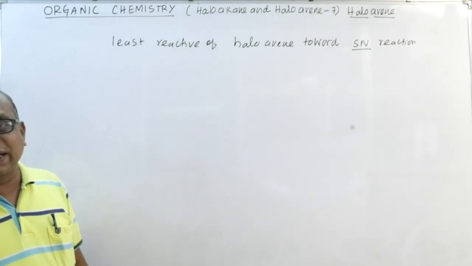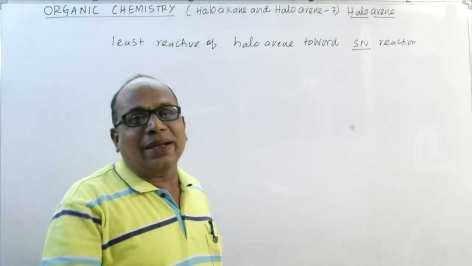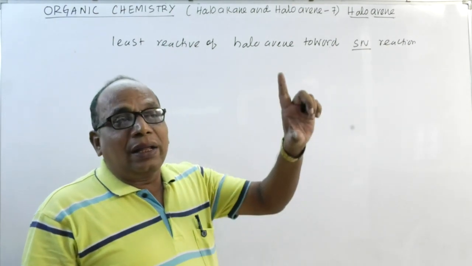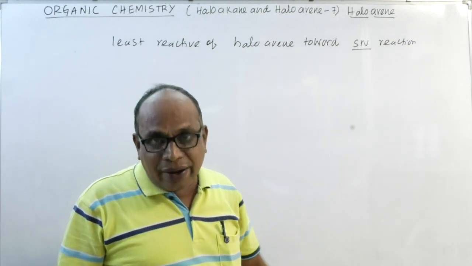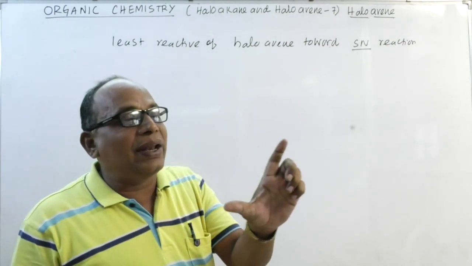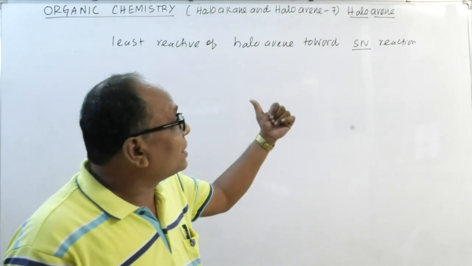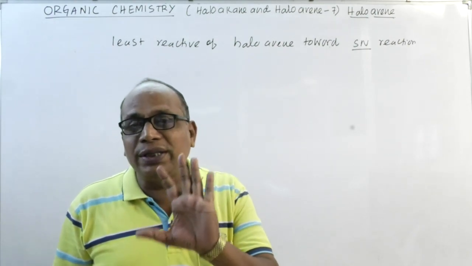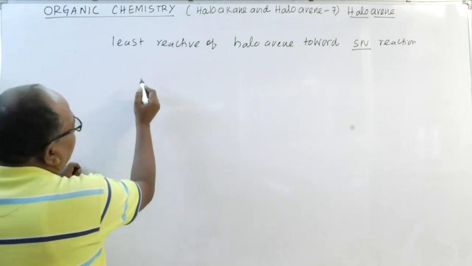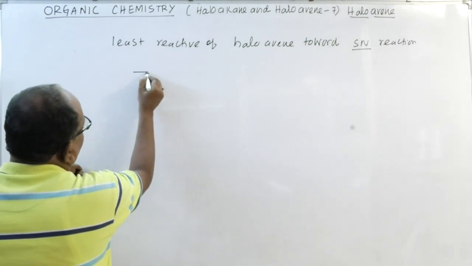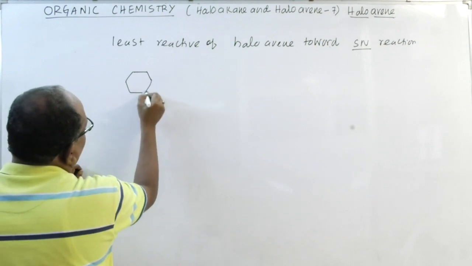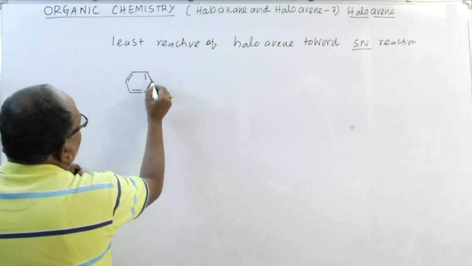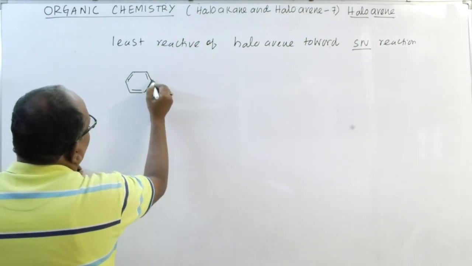One thing comes to your mind, the reactivity of alkyl halide depends on the carbon halogen bond. Here also there is a carbon halogen bond. As compared to the aryl halide, the carbon halogen bond in alkyl halide is weak and can break easily, but in this case it cannot break so easily. Why? We can explain. Suppose this is your chlorobenzene.